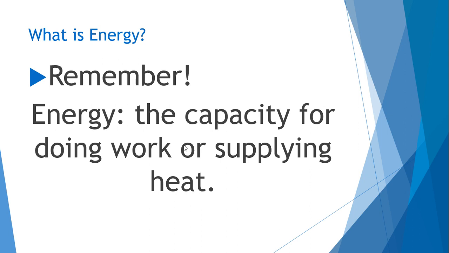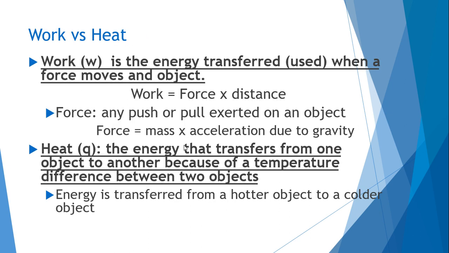Now, remember, we're going to talk about a few more things in terms of energy. We define energy as the capacity of doing work or supplying heat. So let's actually talk about those two definitions. Work, which is abbreviated W, is the energy transferred or used when a force moves an object. And when I say force, it's a push or a pull.